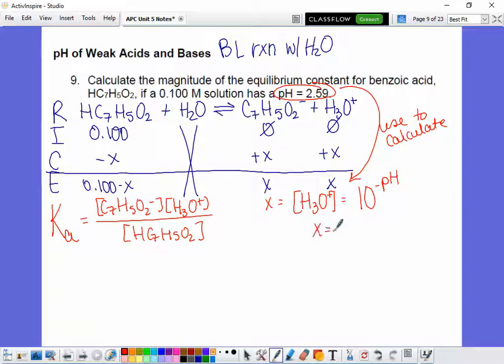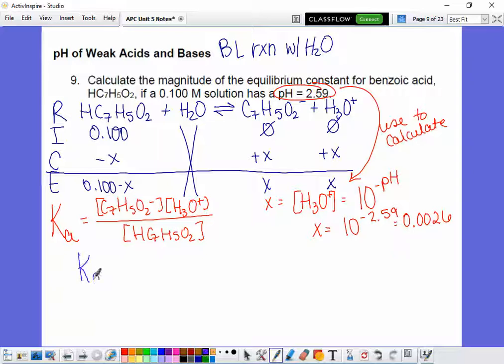So x is equal to 10 to the negative 2.59. How many sig figs does that pH have? 2, because we're looking at the number of digits after the decimal. So when we do 10 to the negative 2.59, report that with 2 sig figs. And what do you get? 0.0026.